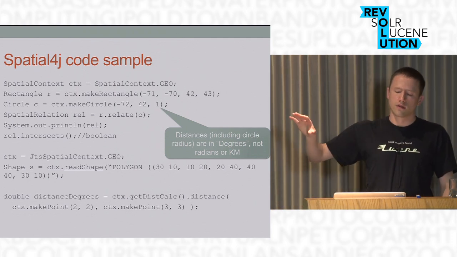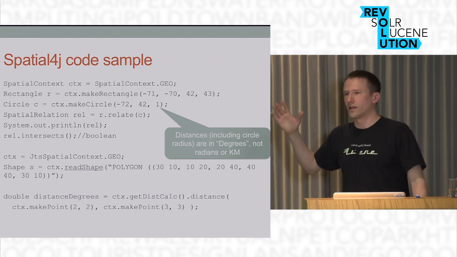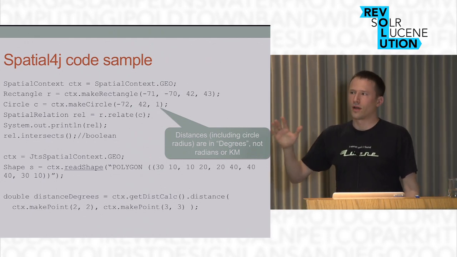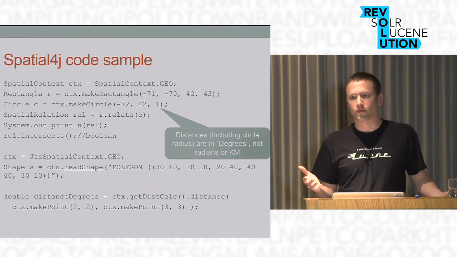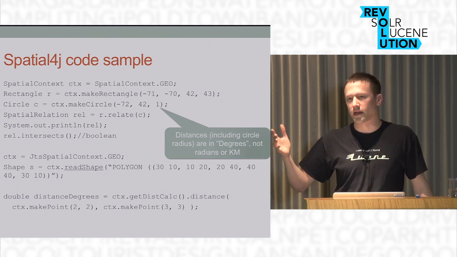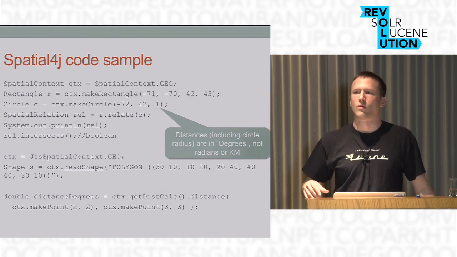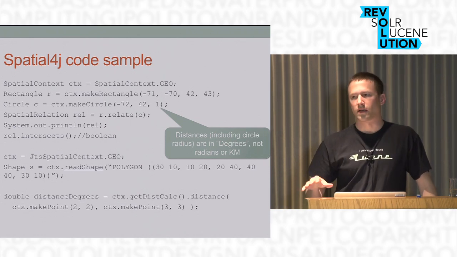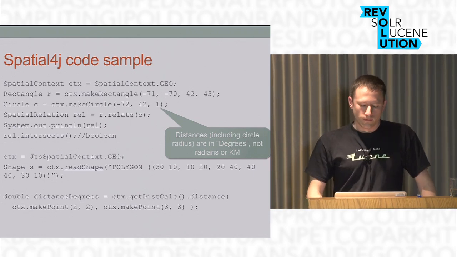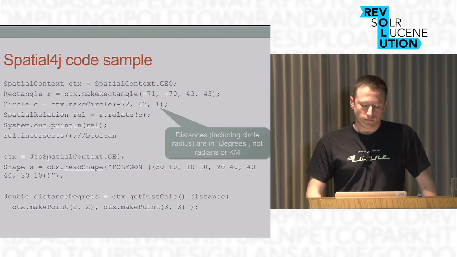That being said, I do think at the Solr level, there needs to be a very simple kilometers option, because if you're using it for geospatial at a high level like Solr, you don't want that kind of detail. But that's how it works in Spatial4J.